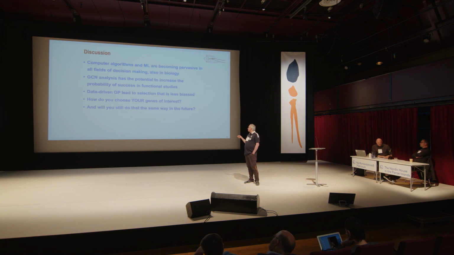It has the potential to increase the probability of success in functional studies. And it's really interesting to reflect: how do you choose the genes you're interested in and working with? And maybe, will you still do it in the same way in the future, right? How could this be a valuable contribution to selecting genes with good probability of success?